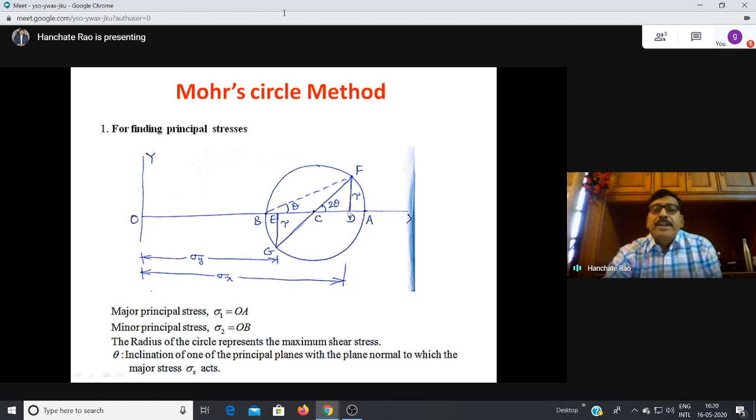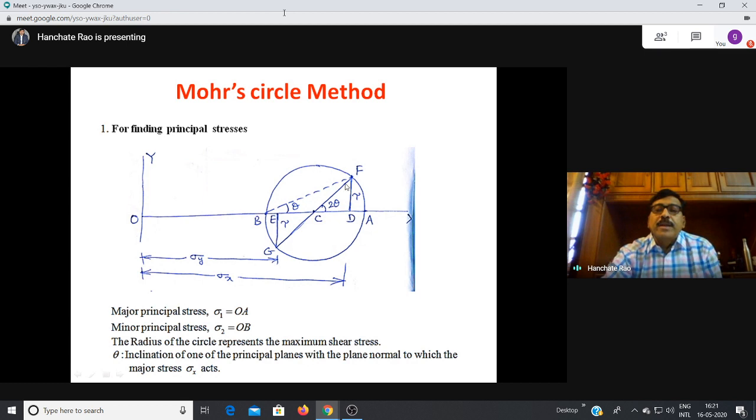Now at point D you draw a perpendicular line equal to tau. Say tau is equal to 30 Newton per mm square, so this vertical line is 3 centimeters to the scale. Draw a 3 centimeters line perpendicular at D such that you get the point F. Similarly, at E draw downward, because shear stress is complementary.